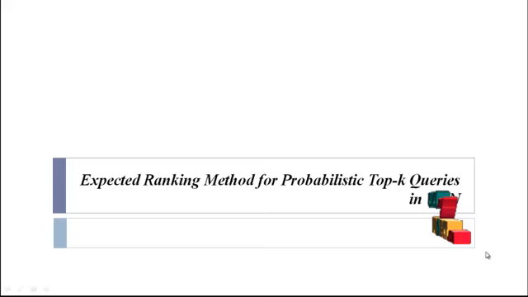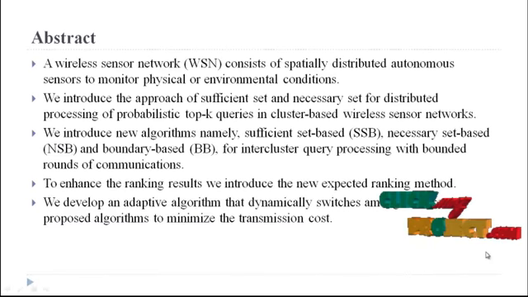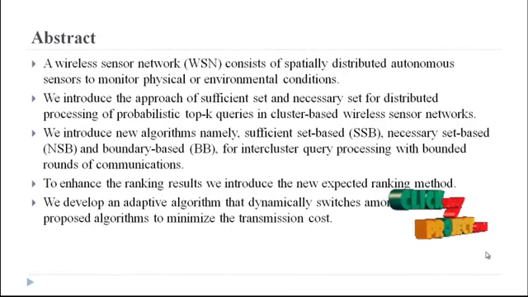Move to the abstract. A wireless sensor network consists of statically distributed autonomous sensors to monitor physical or environmental conditions. We introduce the approach of sufficient set and necessary set for distributed processing of probabilistic top-k queries in cluster-based wireless sensor network.